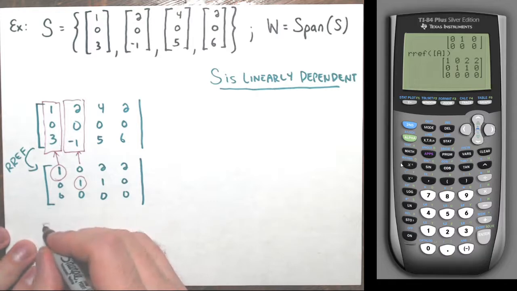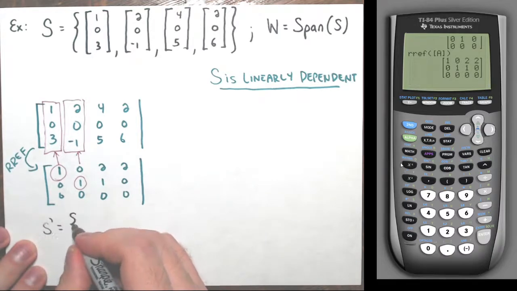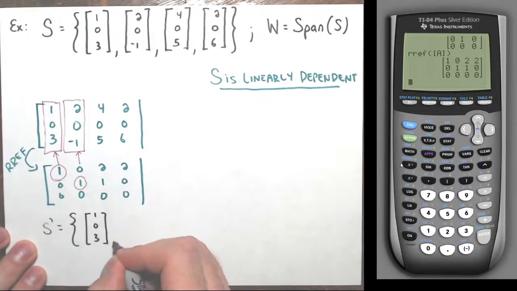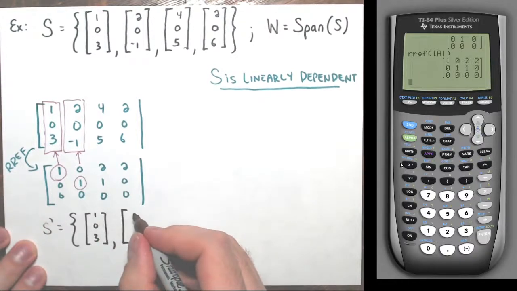So I'll call this S prime, just the set of vectors with 1 0 3 and 2 0 negative 1.